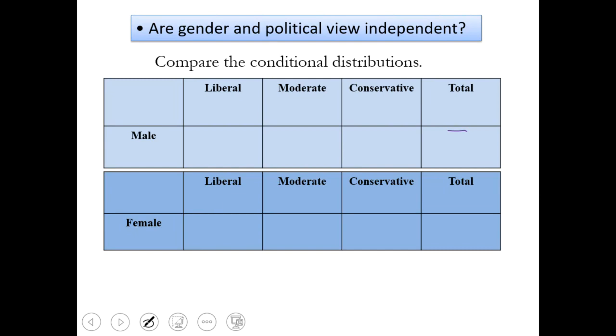We had a total of 4 men identifying as liberal, 3 as moderate, 2 as conservative, and 8 females identifying as liberal, 2 as moderate, 3 as conservative. Then we have to do it out of the total. For men, that's a total of 9. For women, that's a total of 13. So I take all of these and divide each by the total. In this case, 4 divided by 9 is 44%.